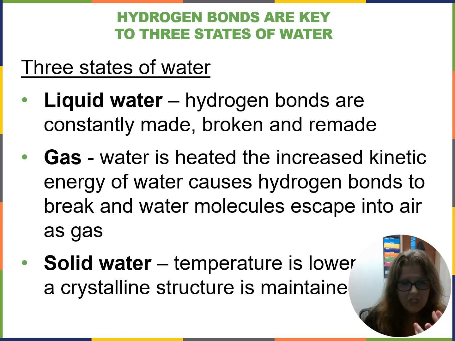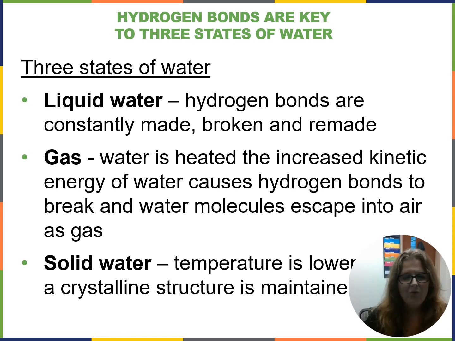When the water is heated up and has enough energy for those bonds to be broken, then the water molecules can escape into the air as gas, but that's breaking those hydrogen bonds so that they're not as clumped together. I don't want to say it's every single individual little water molecule. That's not the way it works.